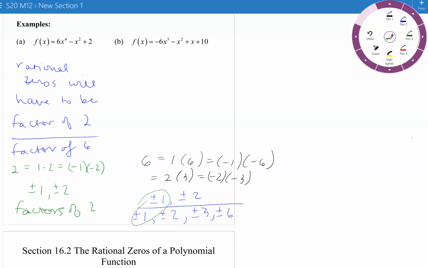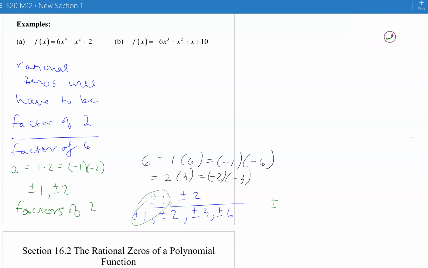So we say, well, 1 over 1 and 1 over negative 1, positive or negative 1, could be a potential zero of this function. We don't know if it is or not. We're not trying them, we're not testing them, we're not worrying whether they are or not, we're just worrying about making a list. So then I have plus or minus 1 over 2, so plus or minus a half. Then I have plus or minus a third, and plus or minus 1/6.